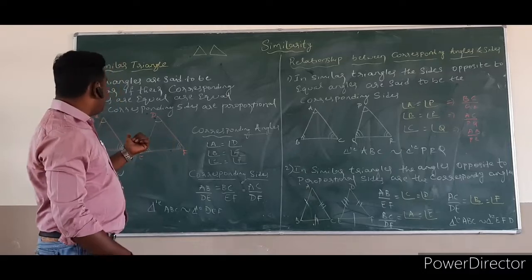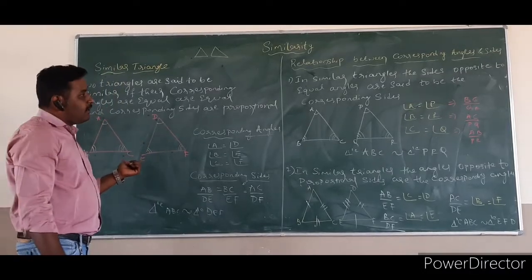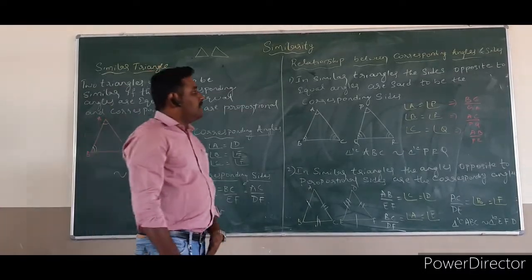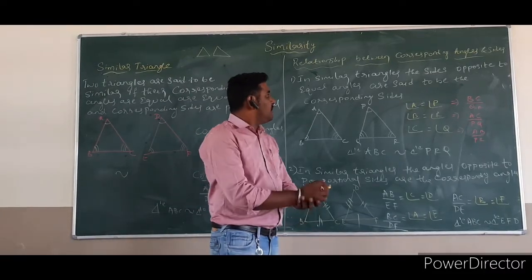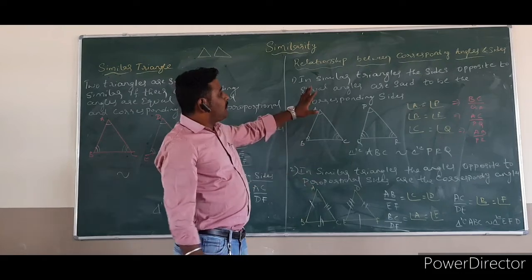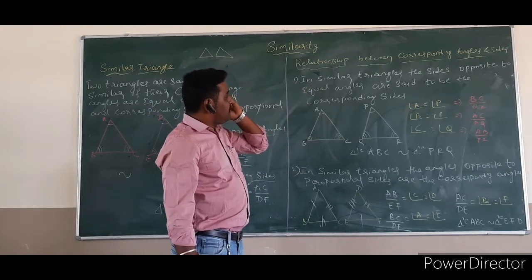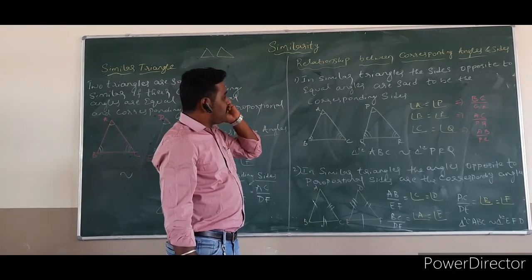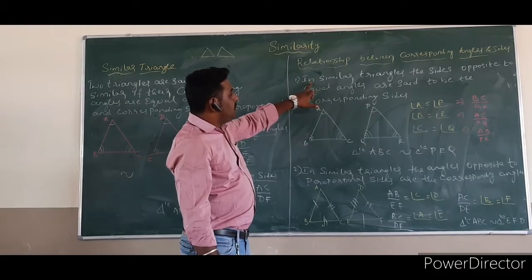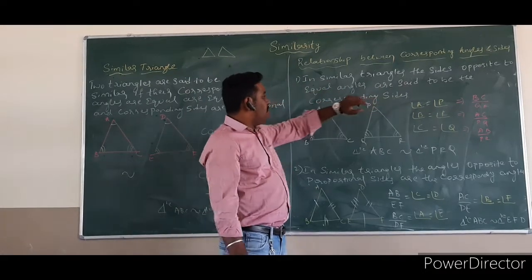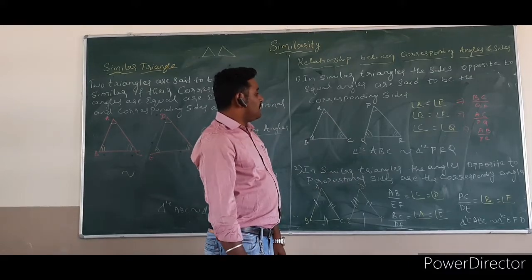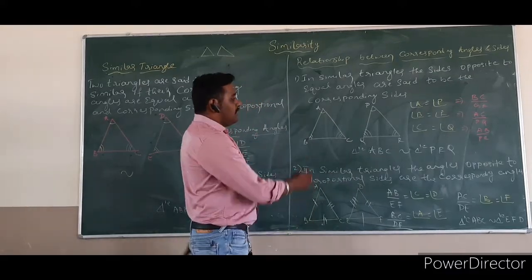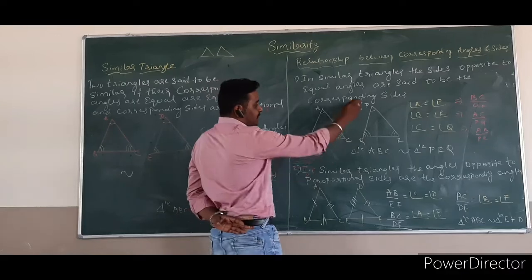So now we know the meaning of similar triangles. Next, what is the relationship between corresponding angles and corresponding sides? In the first point, in similar triangles, the sides opposite to equal angles are said to be corresponding sides. Here, I am considering triangle ABC and triangle PQR.